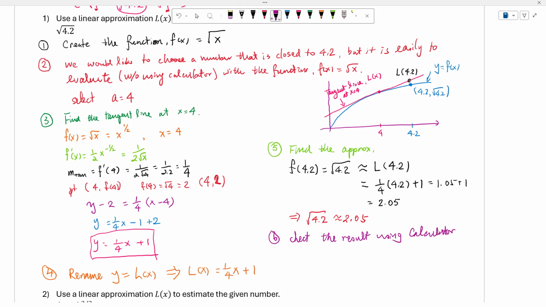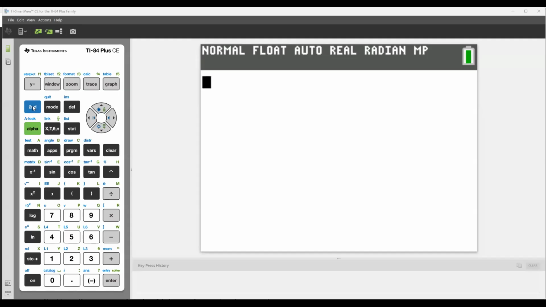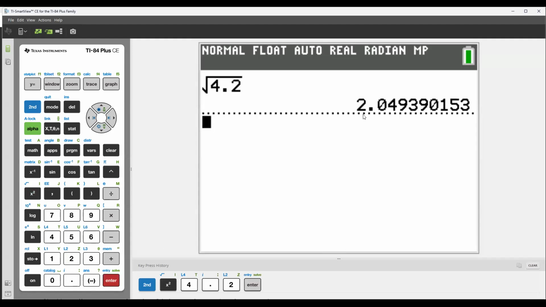So if you use your calculator to evaluate square root of 4.2, it is equal to 2.049390153.